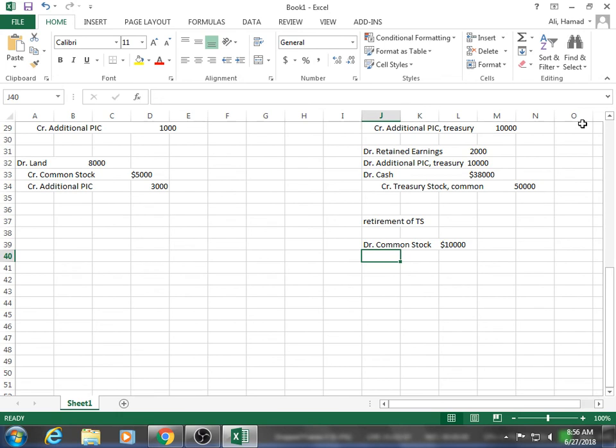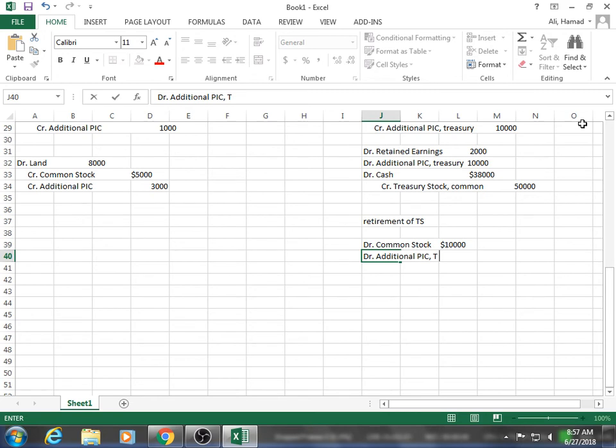All right. And we are going to get rid of PIC. Does it have a PIC? Yeah, because they were issued at $6 per share, so they're going to have additional PIC treasury. How much was it? How did you come up with the 2,000?